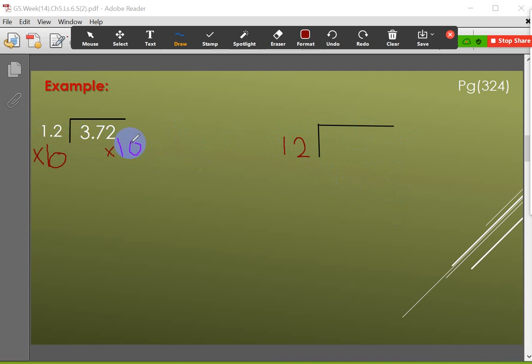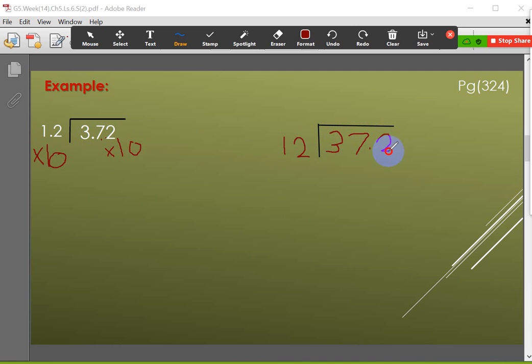If you multiply it by 10, the decimal point moves to the right one digit, between 7 and 2, so the number becomes 37.2.